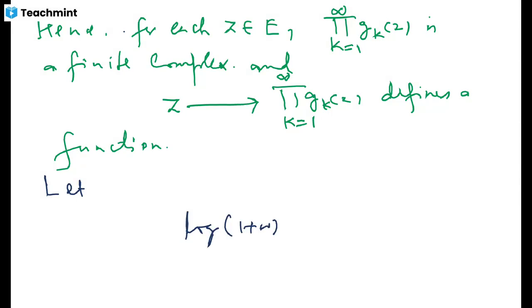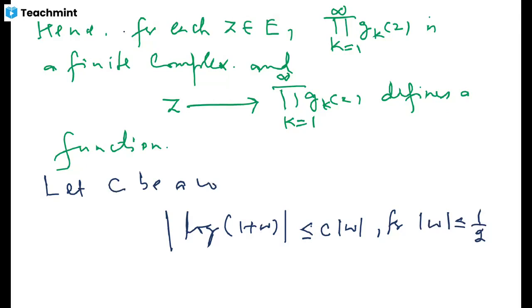I can choose a finite constant c so that the modulus of log of 1 plus w is less than c times mod of w for w in a half disk. So let c be a constant such that we have this estimate. We have to use this.